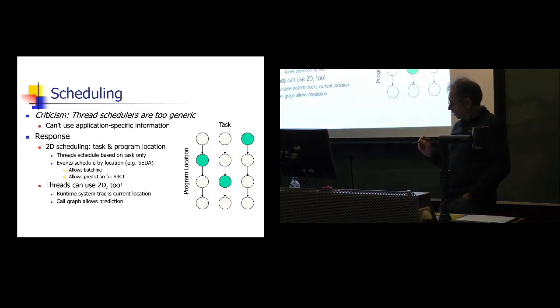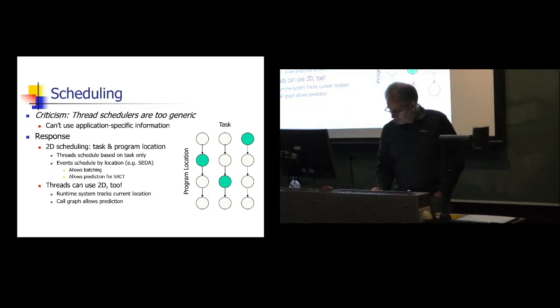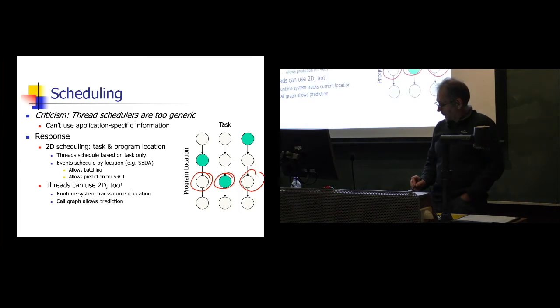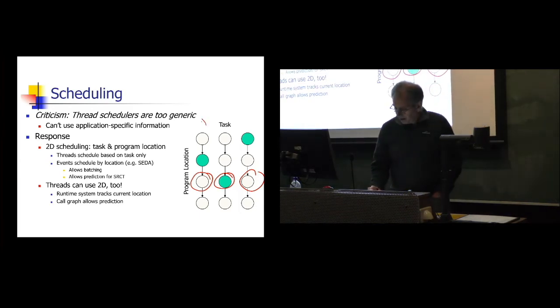versus an event-based model, where, if you observe, each of these circles is running the same code. This would be a parallel thread running effectively the same code.